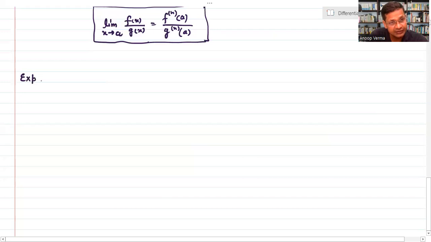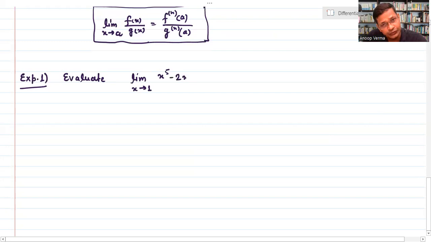Example 1, what they are saying, evaluate this limit, x tending to 1, of (x to the power 5 minus 2x cube minus 4x square plus 9x minus 4) divided by (x to the power 4 minus 2x cube plus 2x minus 1).